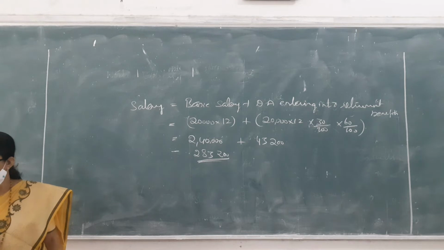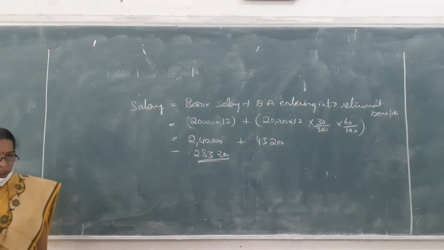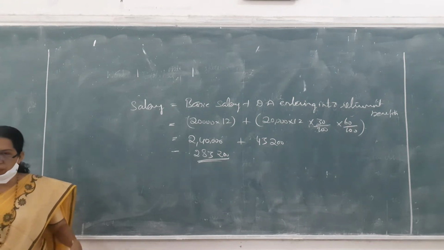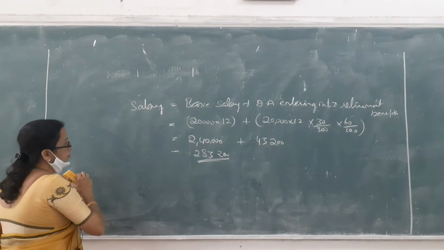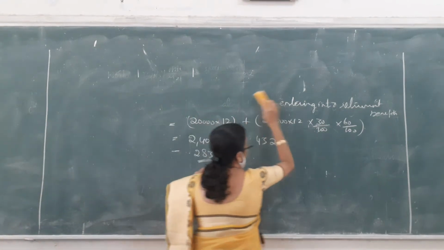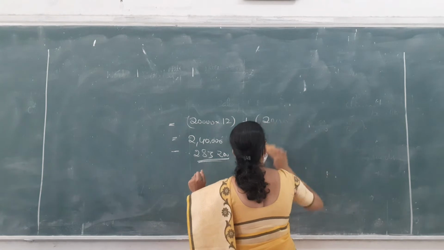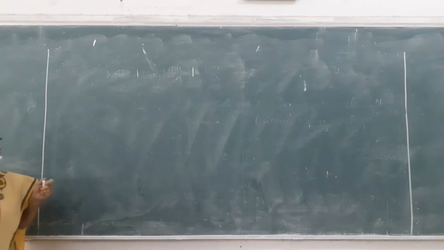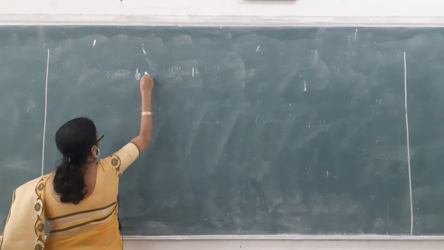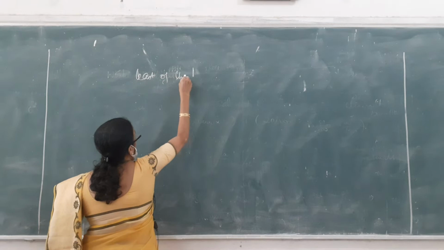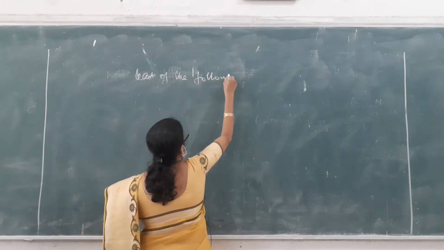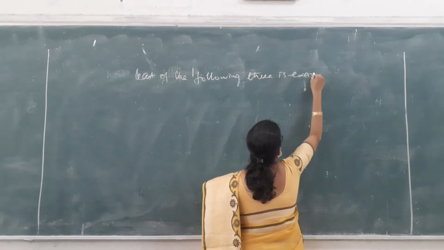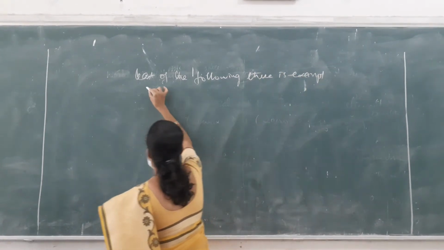Is it clear? Now we have to take the formula. Least of the following three is exempt.